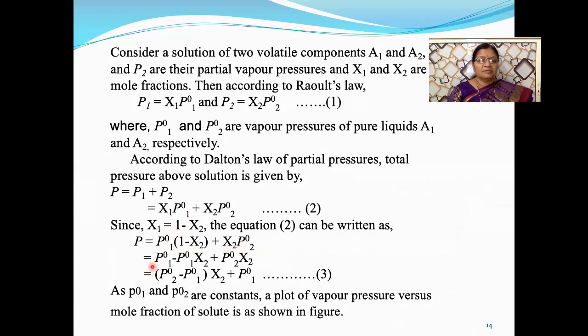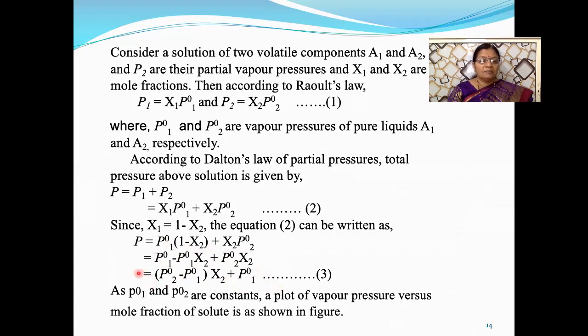Now simplify this. It becomes P01 minus P01 X2 after solving the bracket, plus P02 X2. Here X2 is common, so take X2 as common outside the bracket. Inside the bracket, what remains is P02 minus P01, plus P01.